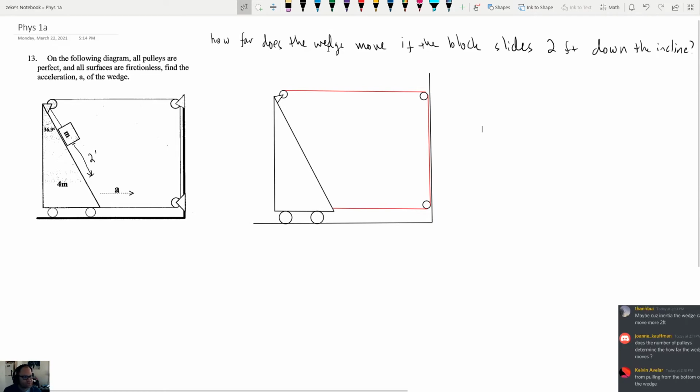That question makes sense? From pulling from the bottom of the wedge. So you're saying from basically down here? That's where all the rope's going to come from? So if this block moves down by 2 feet, you're saying that this cord on the bottom is going to get shorter by 2 feet? Is that what you're saying?